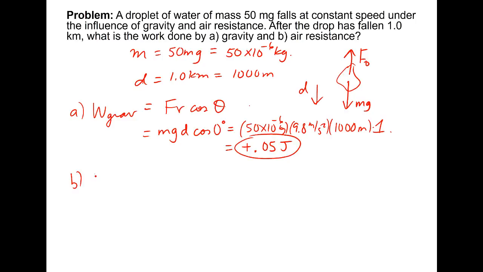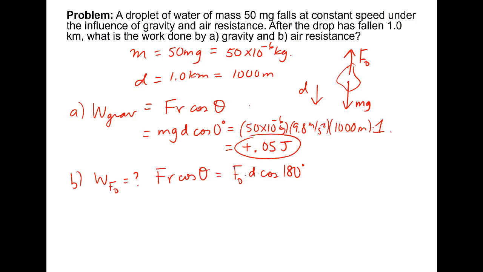Now what about the work done by air resistance? That would be F r cosine theta for air resistance, but what's the angle between air resistance and the distance? It's 180 in this case. So that would be F_d times the distance times the cosine of 180 degrees. The problem is that we don't know what F_d is.